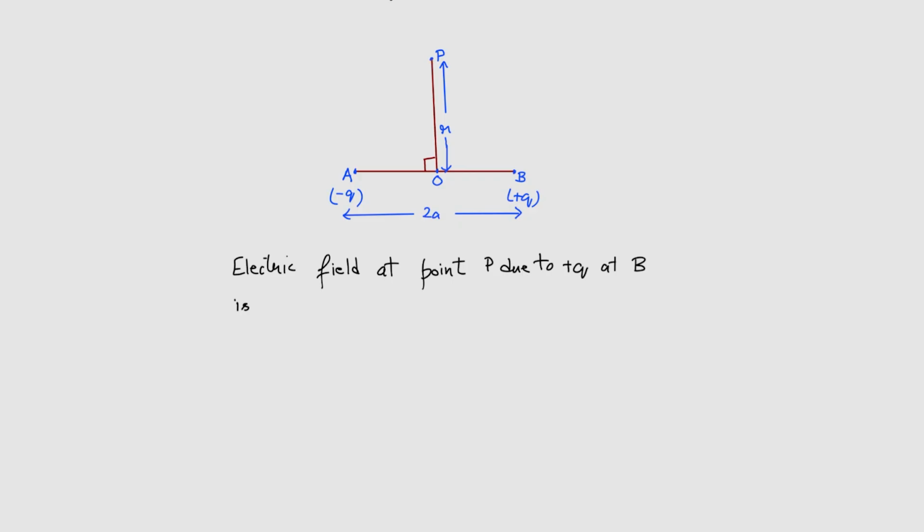We use the formula E is equal to 1 by 4 pi epsilon naught, charge Q divided by r square.